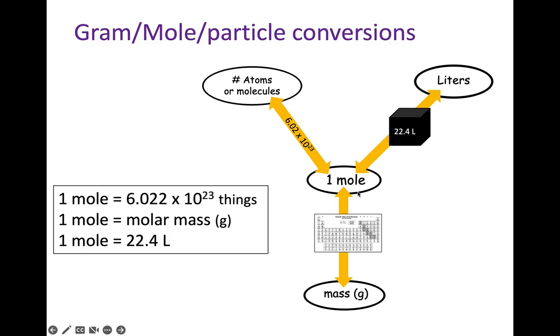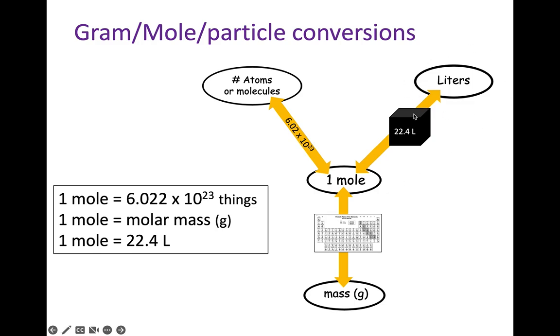And you could convert between numbers of things, atoms and molecules, and the mole, using Avogadro's number of 6.02 times 10 to the 23 particles per mole. So this is a way for you to figure out how many atoms you had of a particular substance based on its mass and its formula mass off the periodic table.